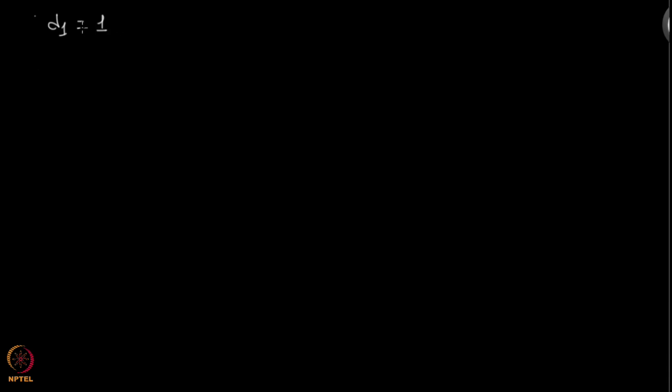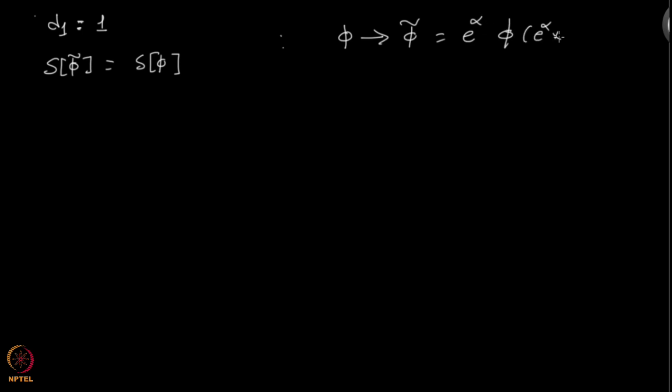If you choose this representation, then your S of phi tilde is the same as S of phi. Meaning phi goes to phi tilde, e to the alpha phi at e to the alpha x, and this transformation is a symmetry of massless Klein-Gordon theory. So that's one example I wanted to give.